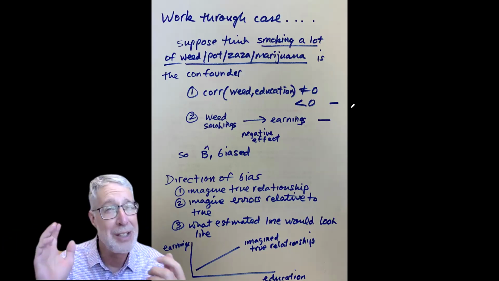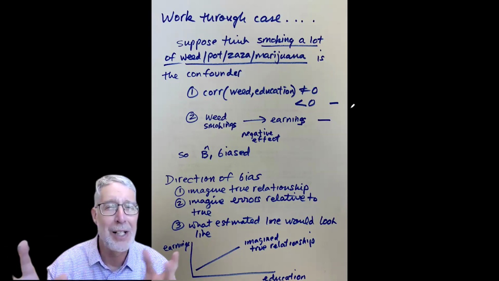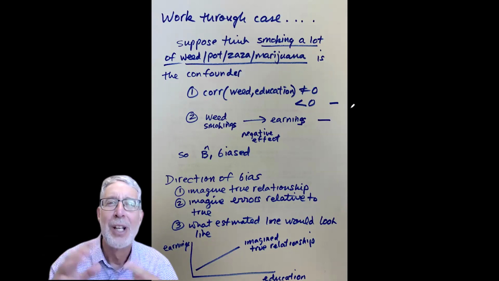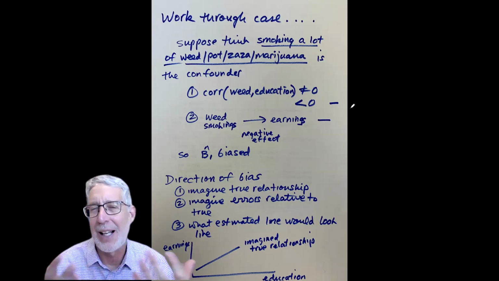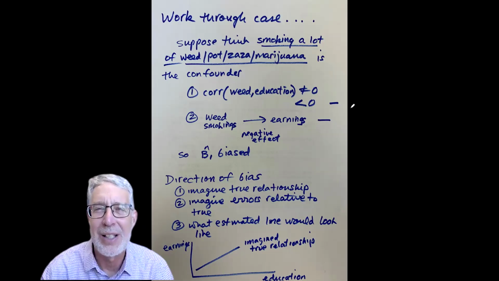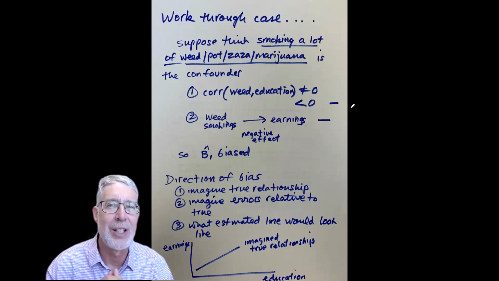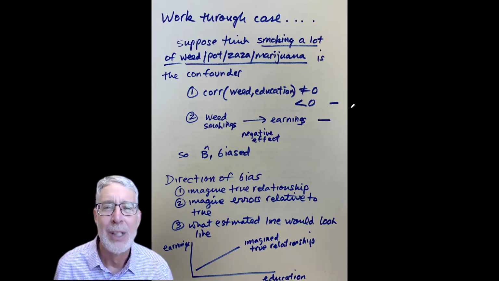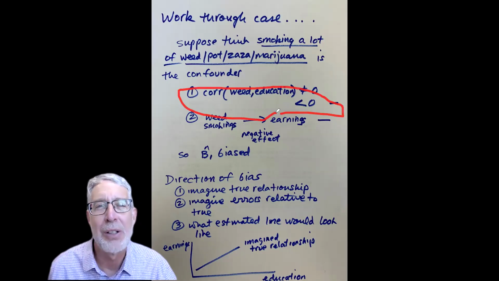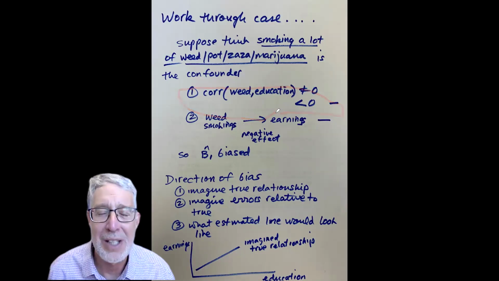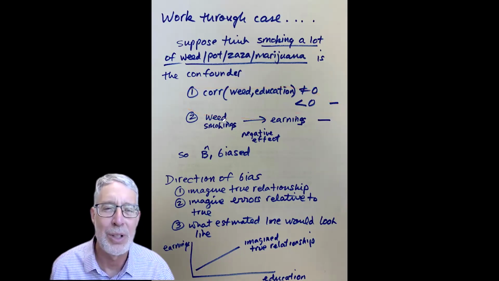And sure, you may think you're that exceptional one. Oh, I get high all the time and I'm doing great at university. But most people on average, if they're getting high all the time, probably not succeeding in academics and hence are having less education attainment or less quality education attainment than other people. So the correlation we might imagine is negative. It's an empirical thing, we're just having a consensus here about what the likely correlation is.